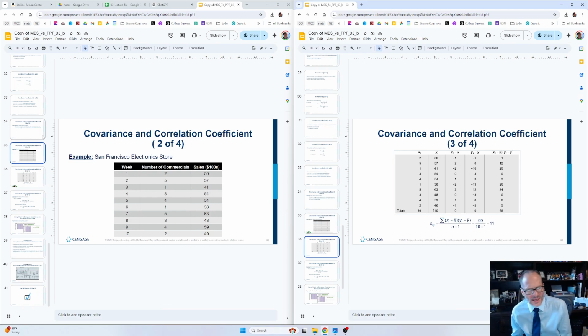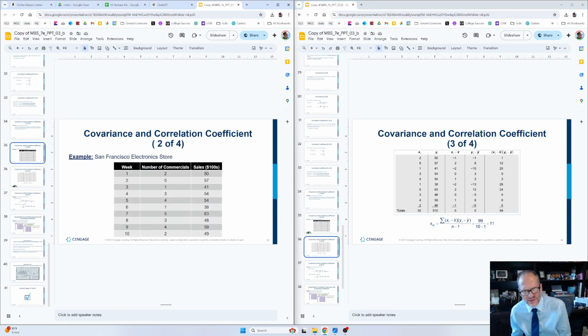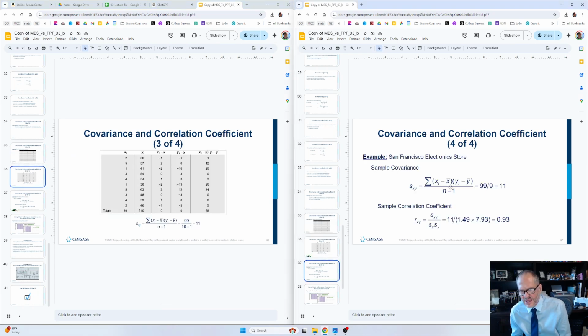And then to get our correlation coefficient, I'll leave the data here. Maybe we want to see this one now. See that one now there, and we'll do the correlation coefficient. So the sample covariance is 11. For the correlation coefficient, we get the standard deviations of each of these, multiply them together, and we get a correlation coefficient of 0.93.